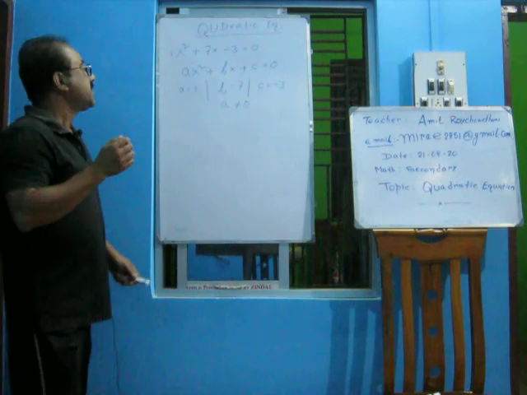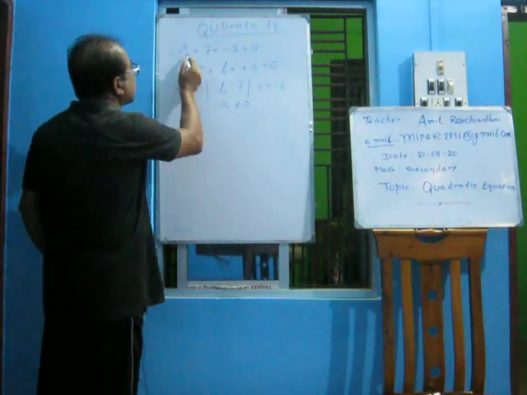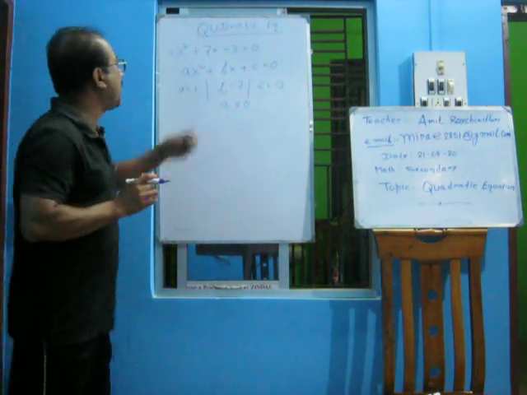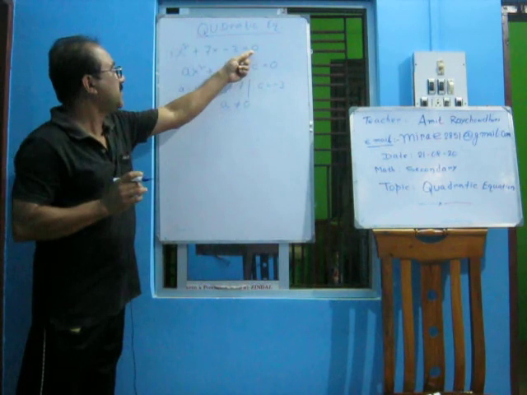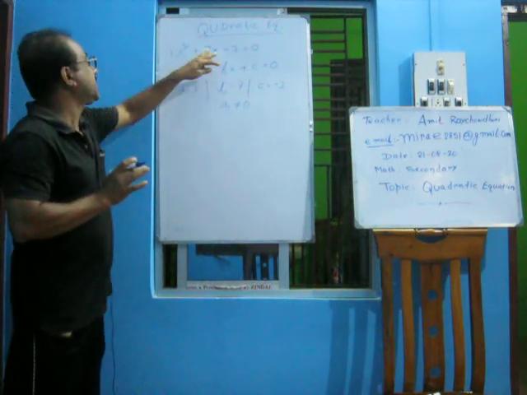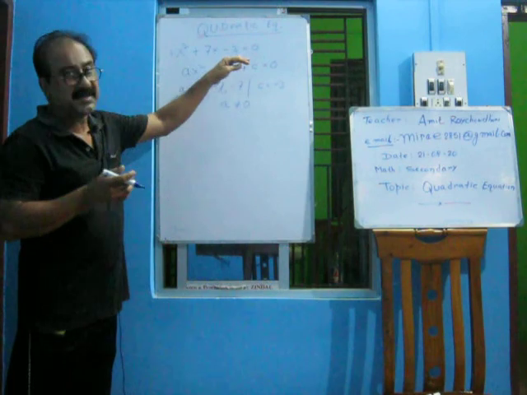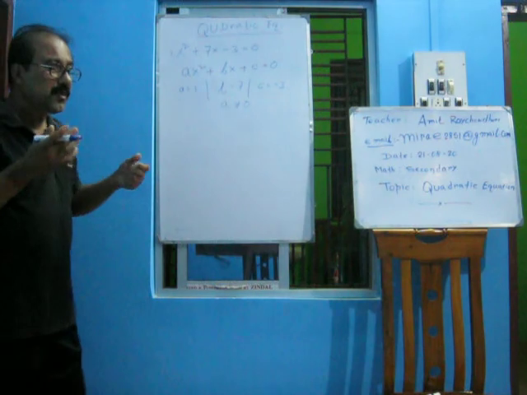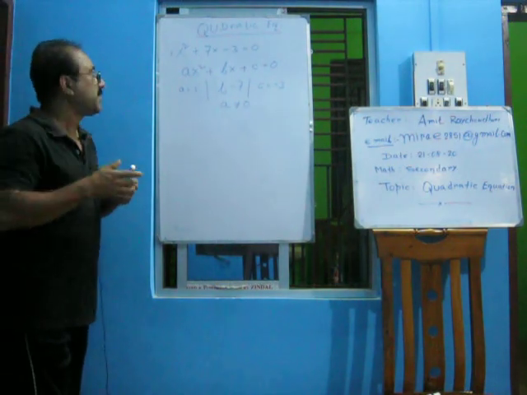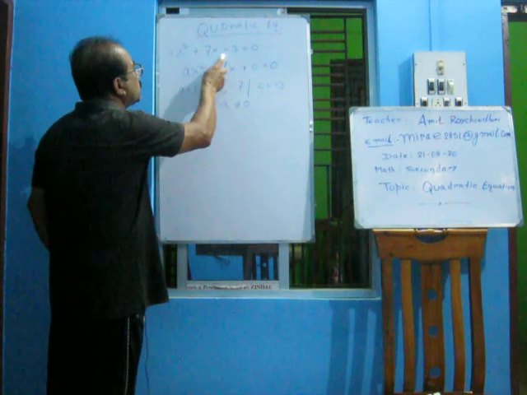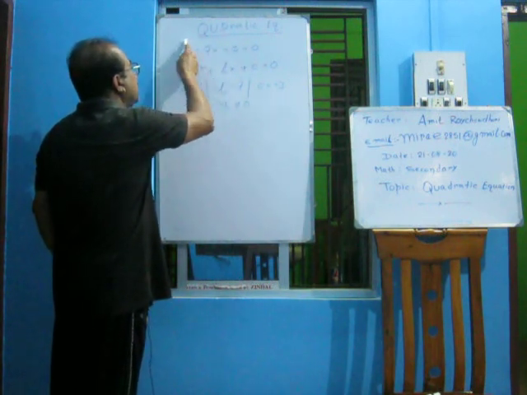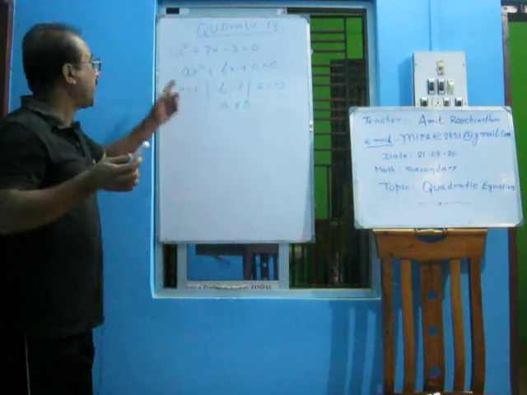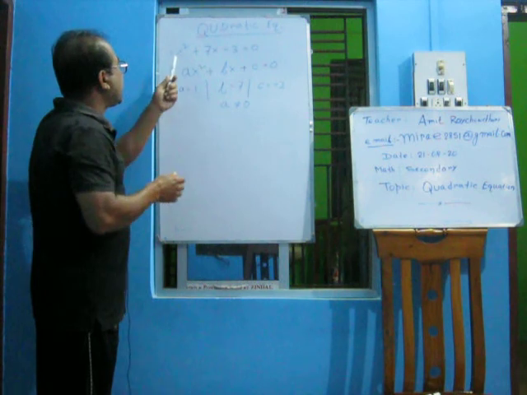Now in class 10, this x square plus 7x minus 3 is to be solved. How do I solve this equation? People are asking, what is the value of x? What we normally did up to class 9 was factorization.